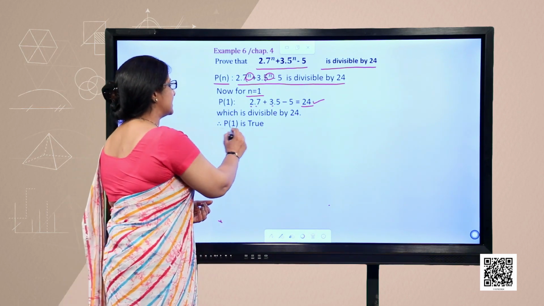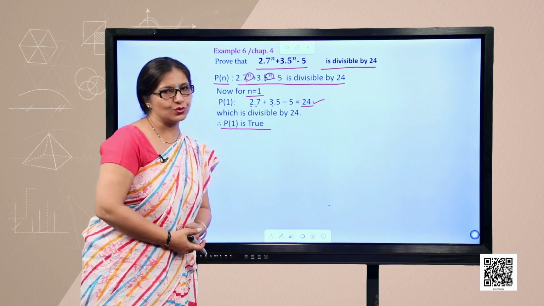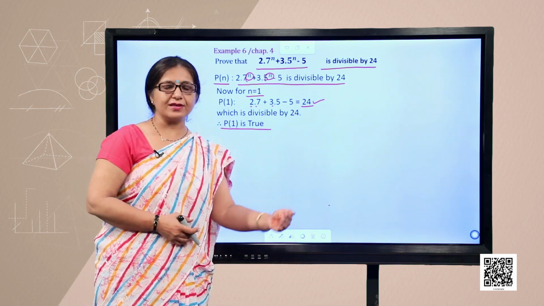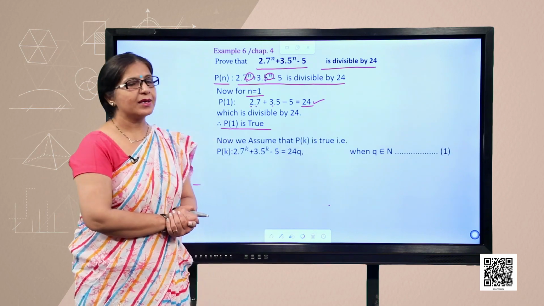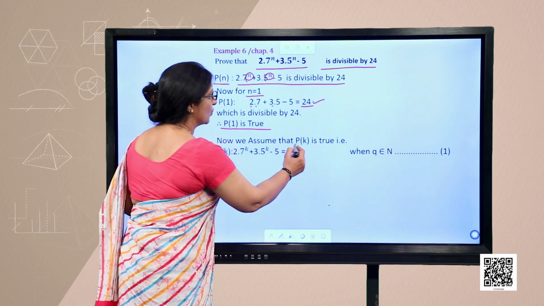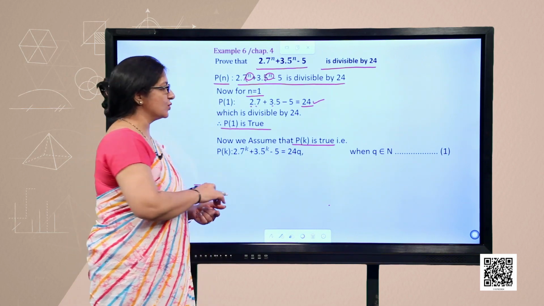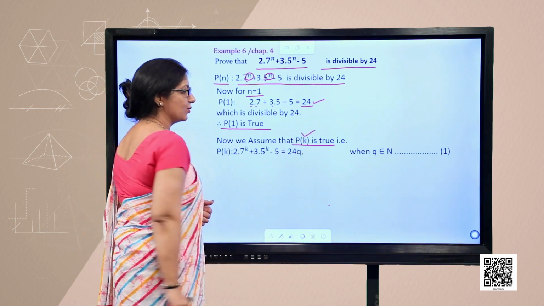So we can easily say that P1 is true. Once P1 is true, we can go further in assuming that Pk is true, because to prove it further, we need to assume that it is true.